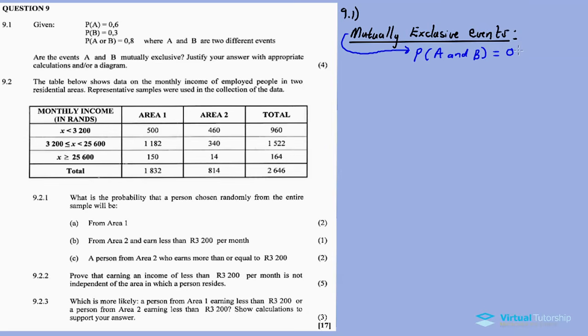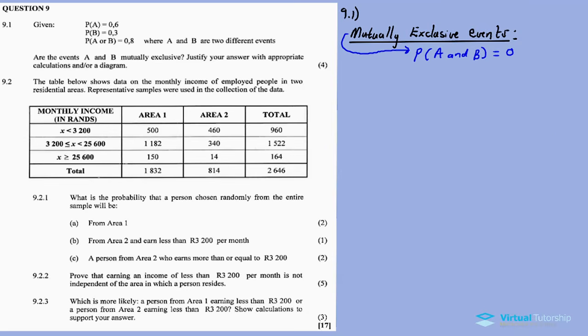So these events have no commonality, they do not have an intersection, right? How can we show whether these events are mutually exclusive or not mutually exclusive? In order for an event to be mutually exclusive, this must be equal to 0.